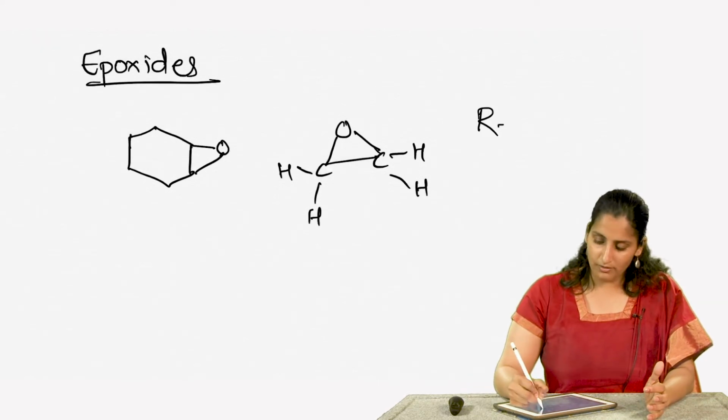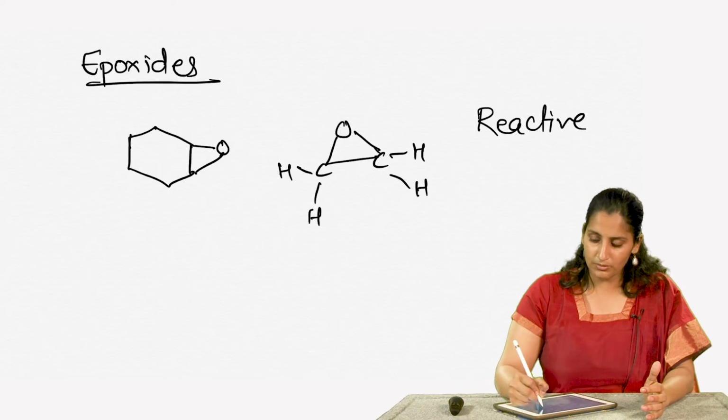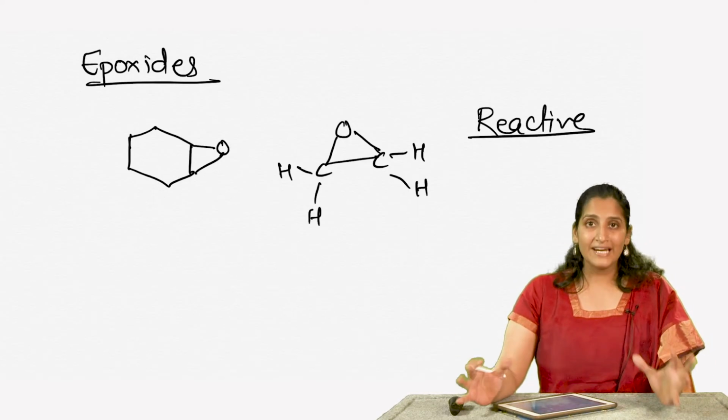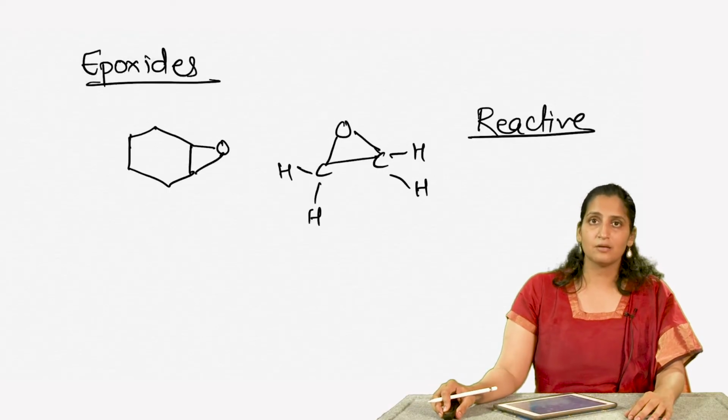And so, one of the main things that we want to remember is that they are reactive because they want to release that angle strain that is present in the molecule.